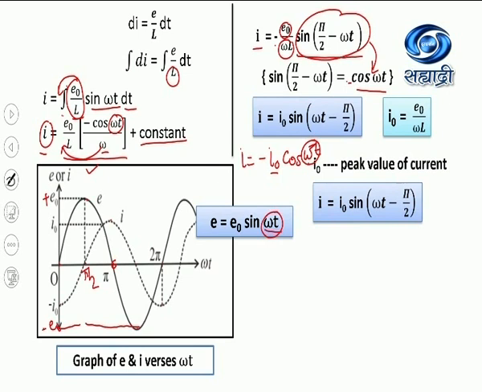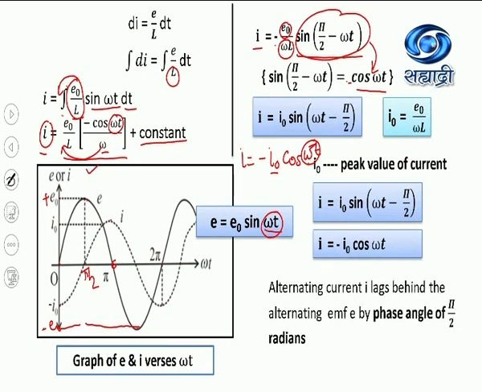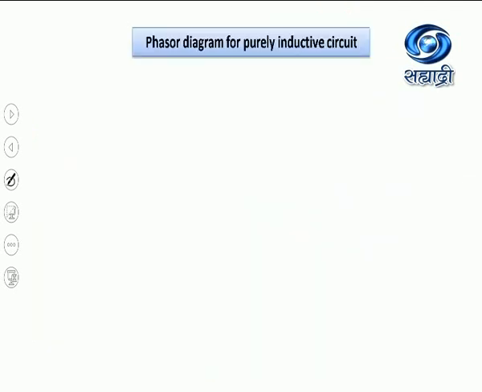So the phase difference between them is pi by 2. So alternating current I lags behind the alternating EMF E by a phase angle of pi by 2 radians. So mathematically you can see, graphically also you can see.